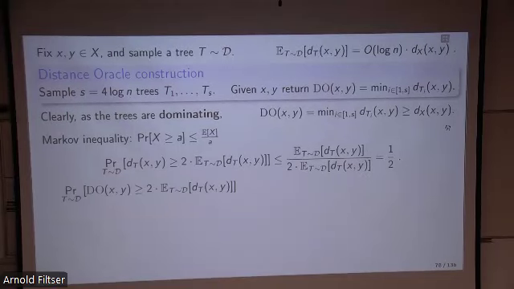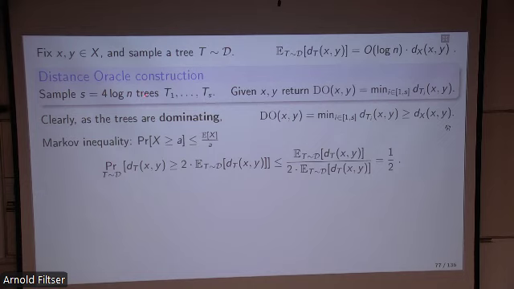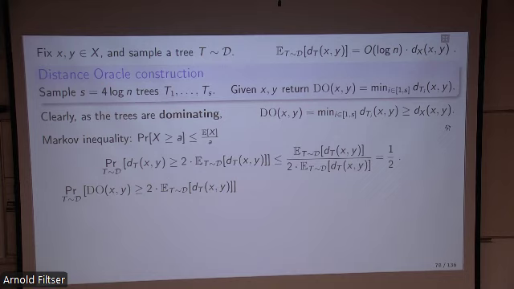But what I do here is I sample log n trees and return the minimum. So what should happen so that the distance oracle returns something which is twice larger than the original distance? This should happen in all the trees that I sampled. For every tree, the distance should be twice larger than the expected distance.